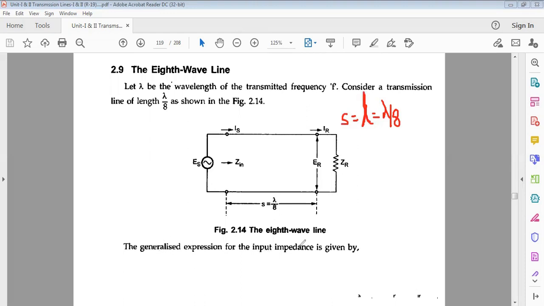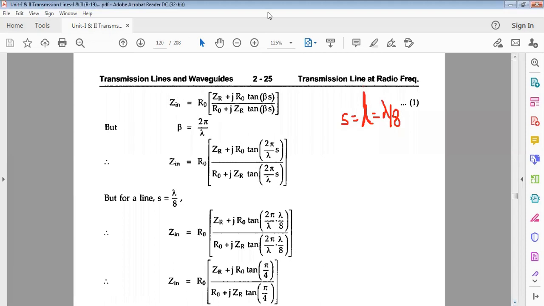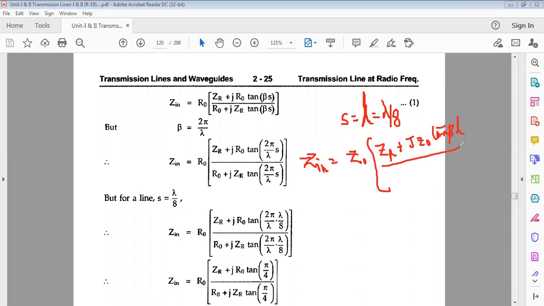The generalized expression for the input impedance is given by, we know, Zs or Zin is equal to Z0 into (ZR plus j Z0 tan beta L) whole divided by (Z0 plus j ZR tan beta L).